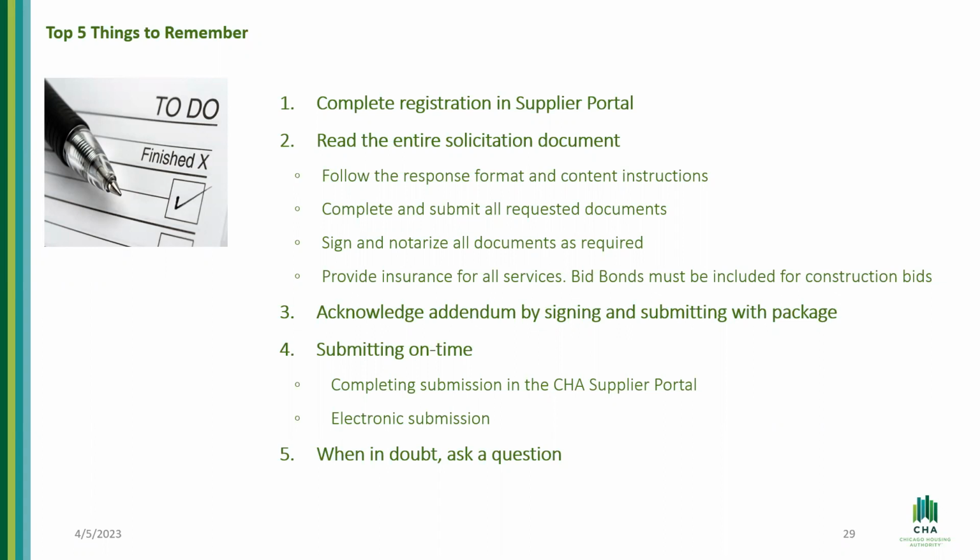Sometimes it can be just one. They may number them, like addendum number 1, or it can be more than 1, more than 3, addendum 1, addendum 2, addendum 3. Make sure you read what the change or the corrections or additions are that they are making to the scope, to the RFP.